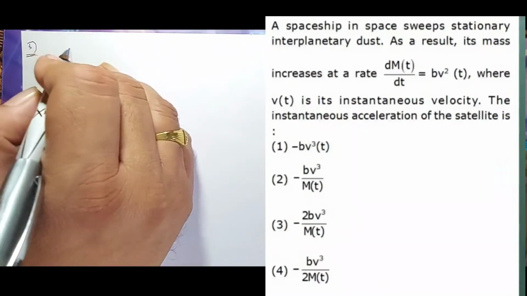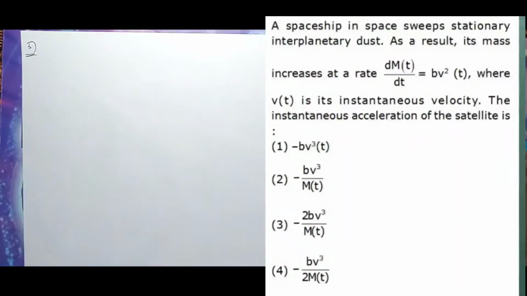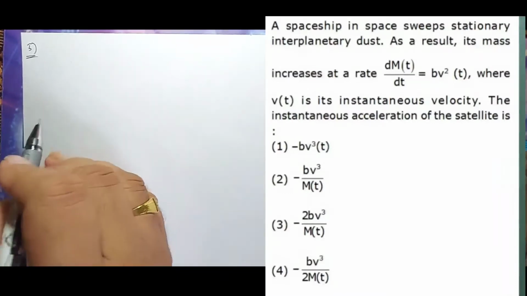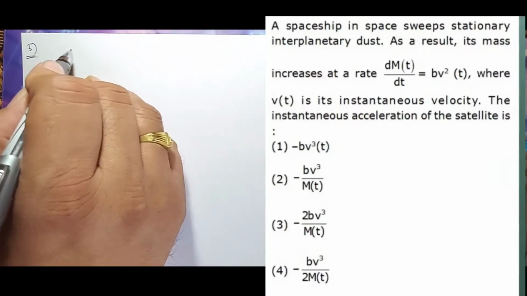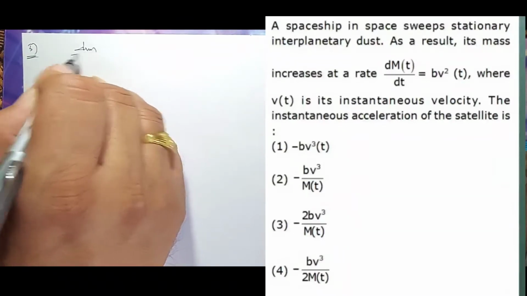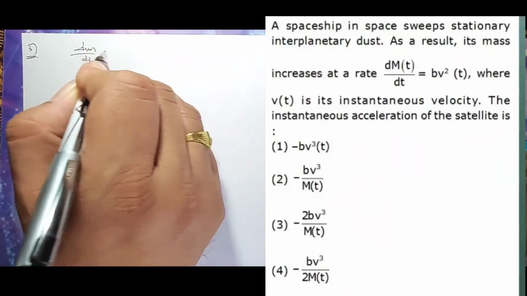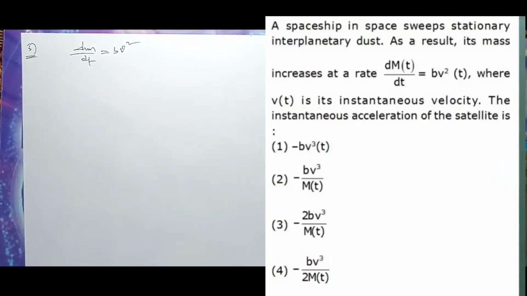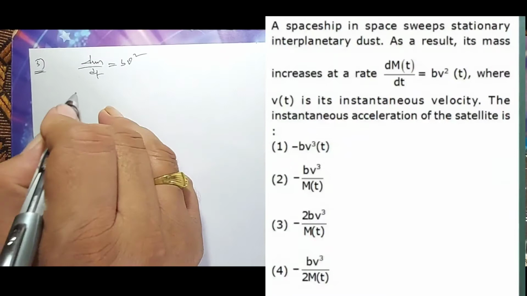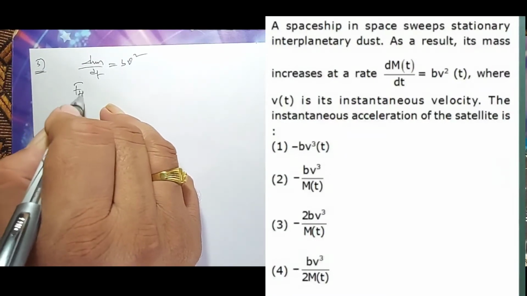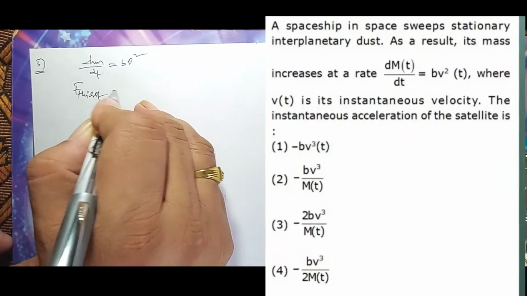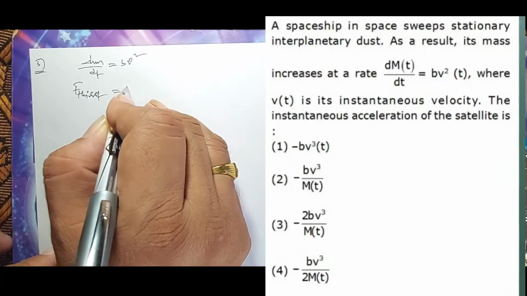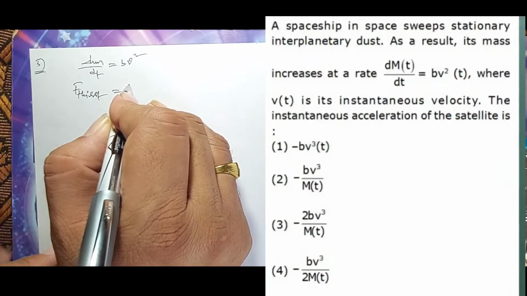In space there is no external force, only thrust force is acting on the satellite. We know dm by dt is given as b v square, where v is a function of time. So thrust force is equal to, here the velocity is constant.